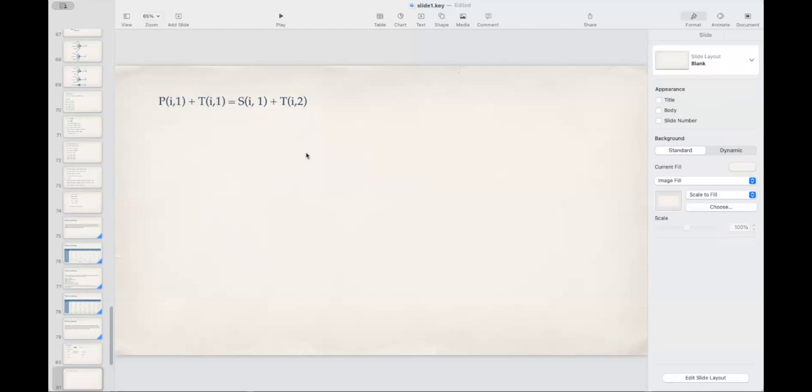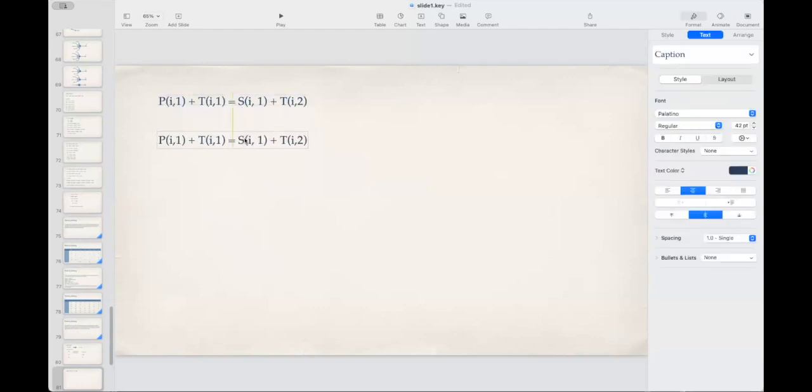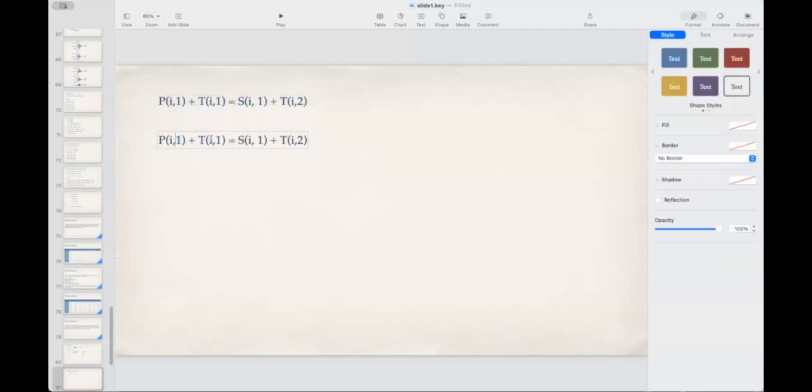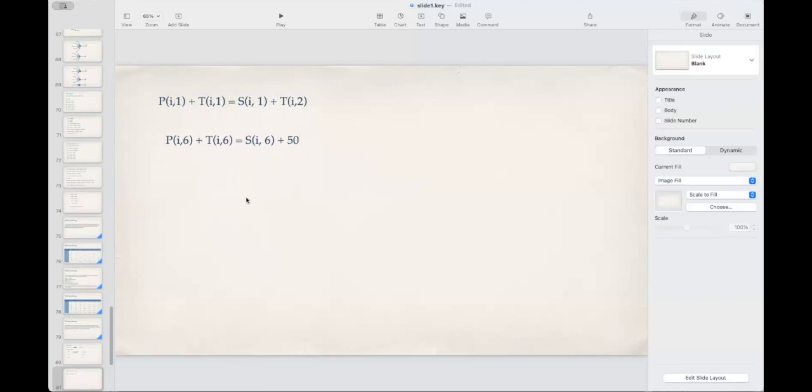So for the last month, P I6 must be equal to what we have at the beginning of the 6 months and what we sell in the 6 months. And this one should be 50, because we have to guarantee that finally there must be 50 units in stock. Okay, good.